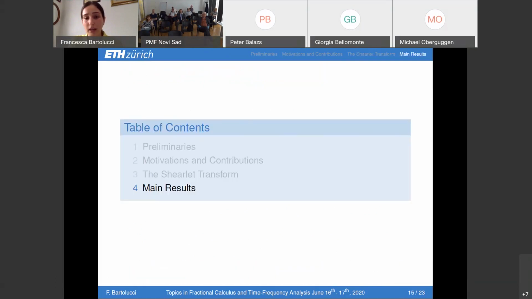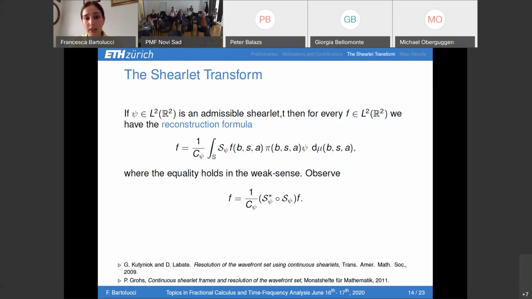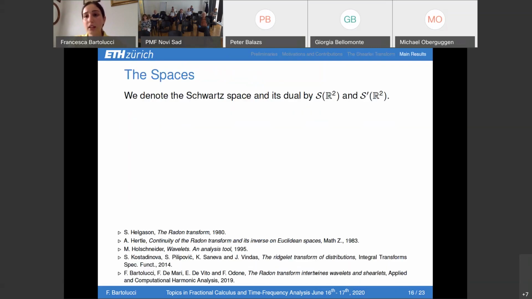Now that I have recalled the Shearlet transform, I want to state the main results. As I already mentioned, we would like to develop a distributional framework for the Shearlet transform following the Schwartz distributional theory. And so we need to introduce the test function spaces that will be involved in the continuity theorems.